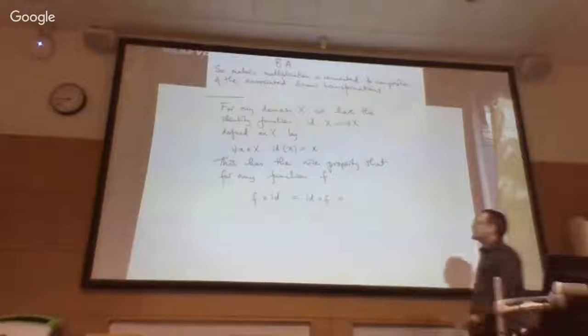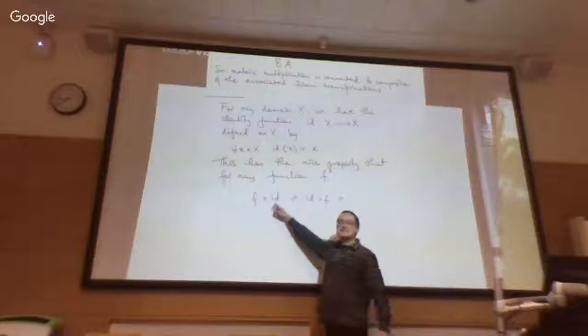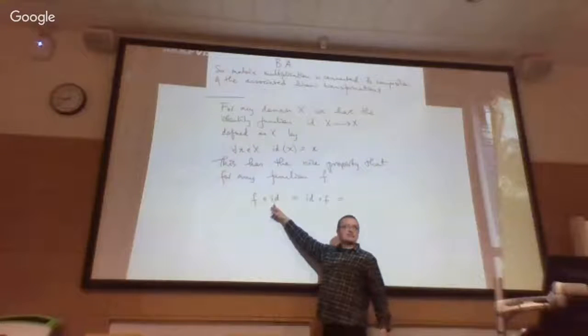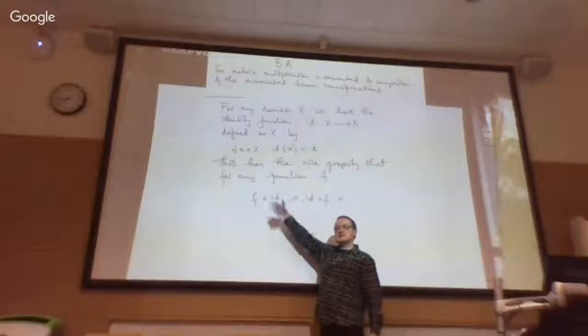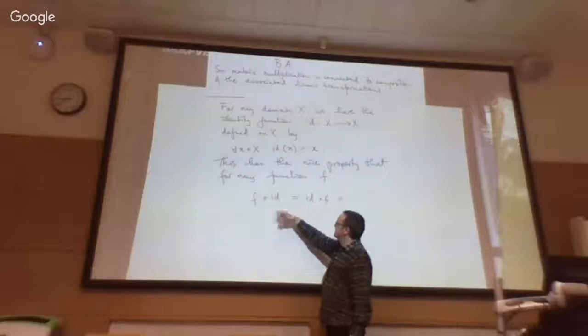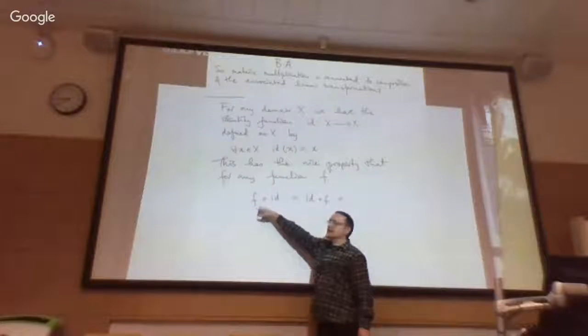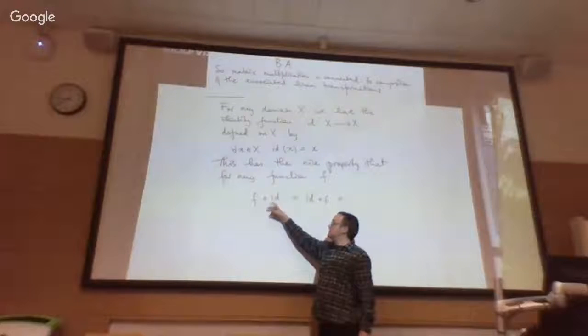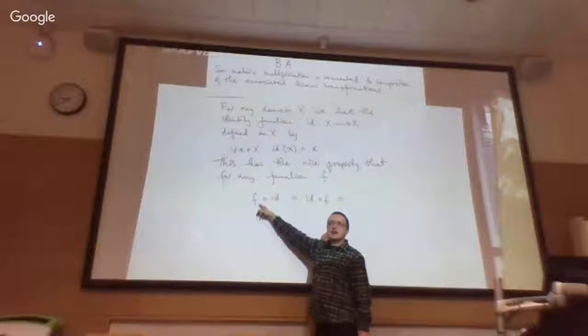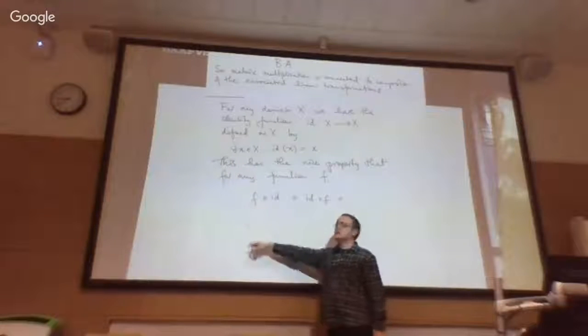What do you get? Well, remember, the identity does nothing in effect. It just takes an input x and gives you x as the output. So if you perform the identity first and then apply f, the argument you give to the identity just gets spat straight back out again, given to f, and then you get f of x.